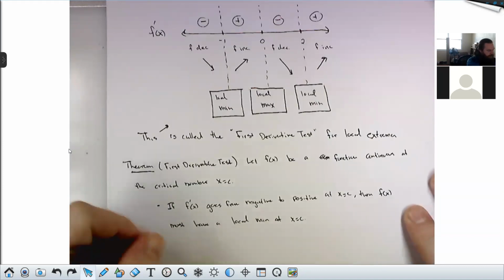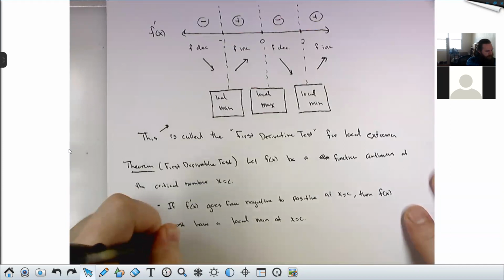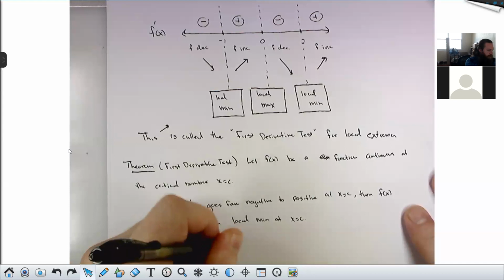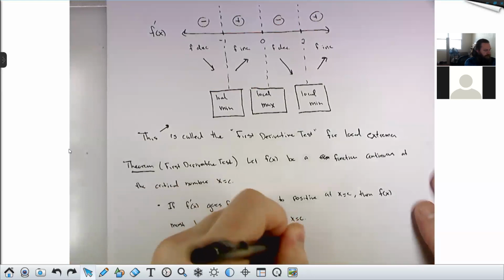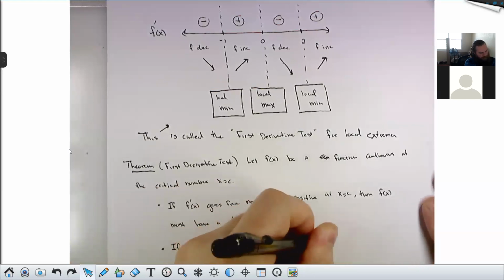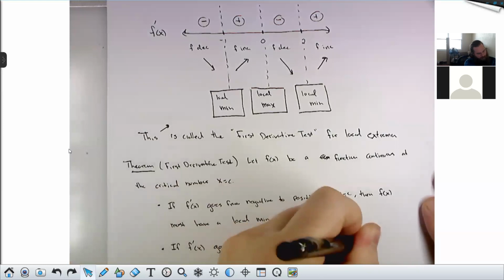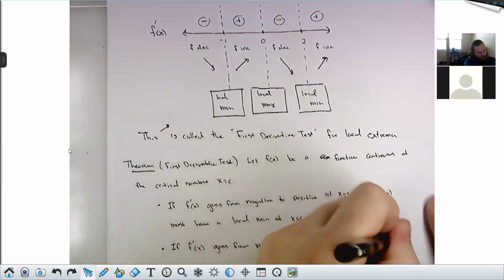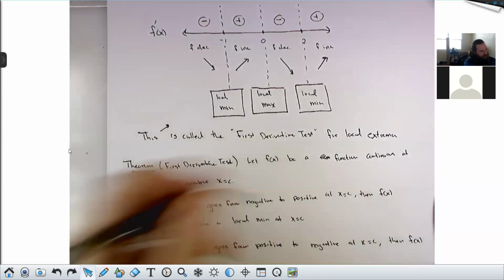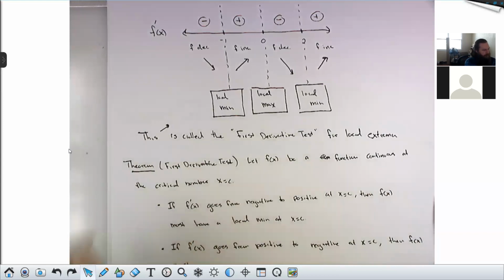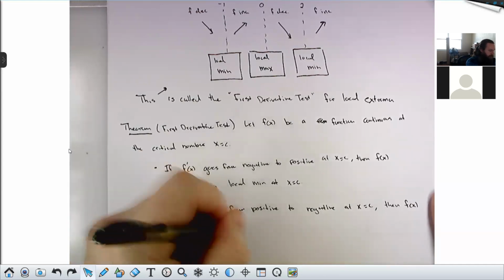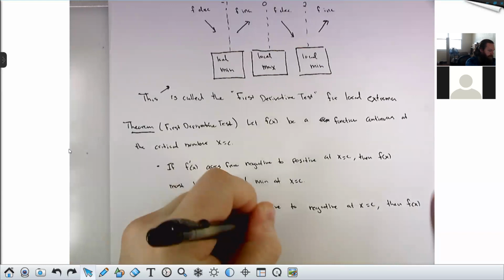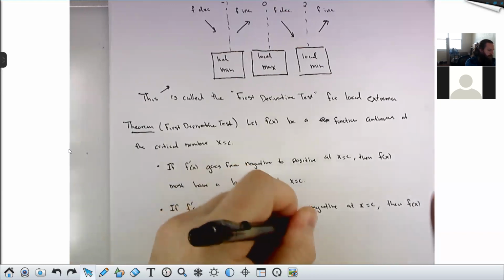And then you also have the statement: if f prime goes from positive to negative at x equals c, then f of x itself must have a local max at x equals c.